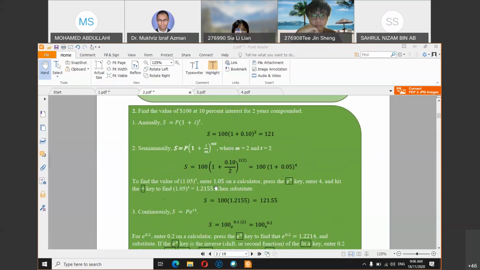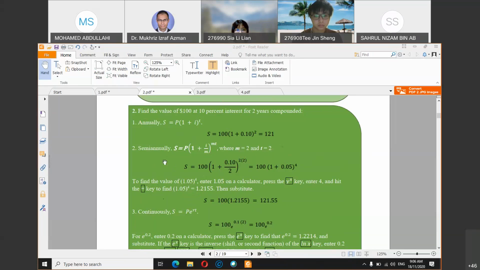Because at the end of the day, when we share the screen to all of the students, of course everyone can see the process here. But on your side as the presenter, try to present it in a way that shows what you understand from this particular example, which is you have three different formulas: P times 1 plus I over M to the power of MT, and then this is P e to the power of RT. Then whatever value was given, simply plug in and solve for the problem.